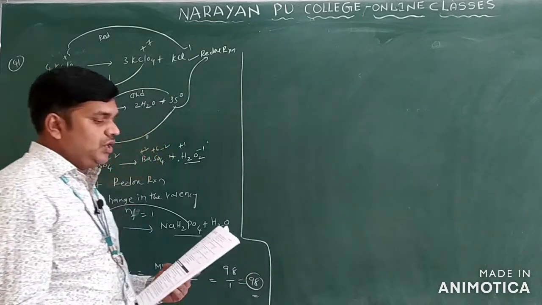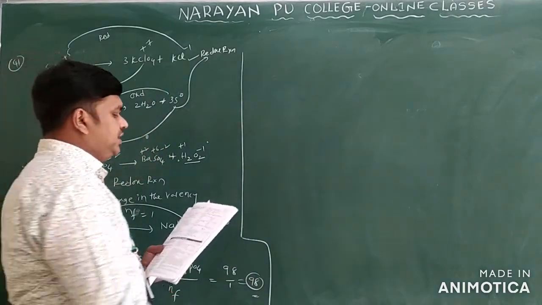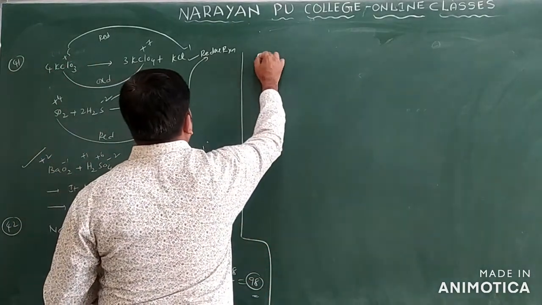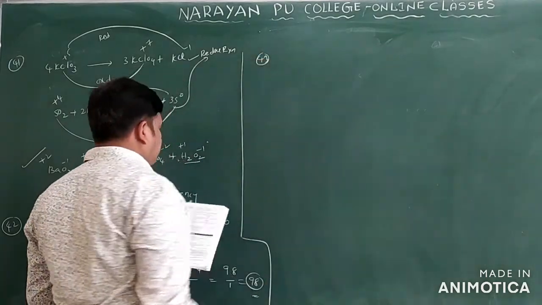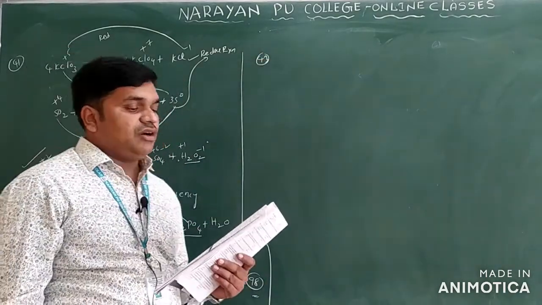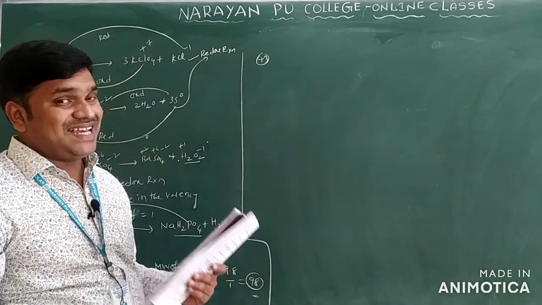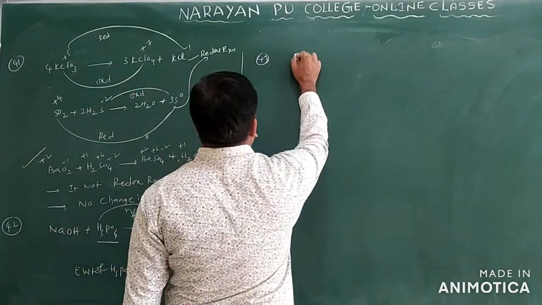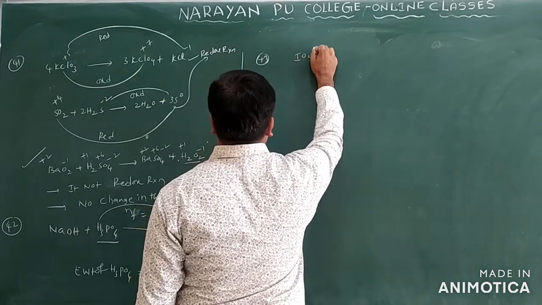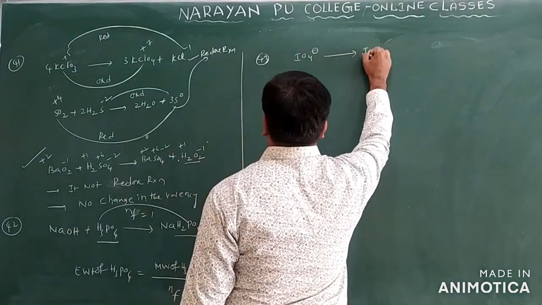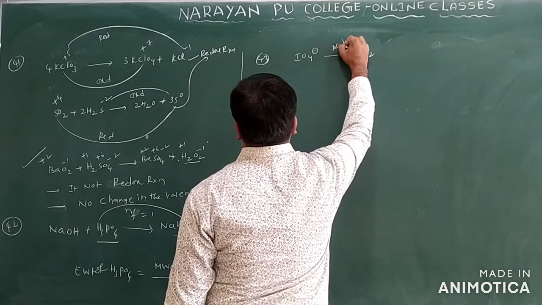Now we can see question number 43. What is the question 43 we have? What is the equivalent weight of IO4 minus when it is converted into I2 in acidic medium? IO4 minus is converted into I2 in what medium?